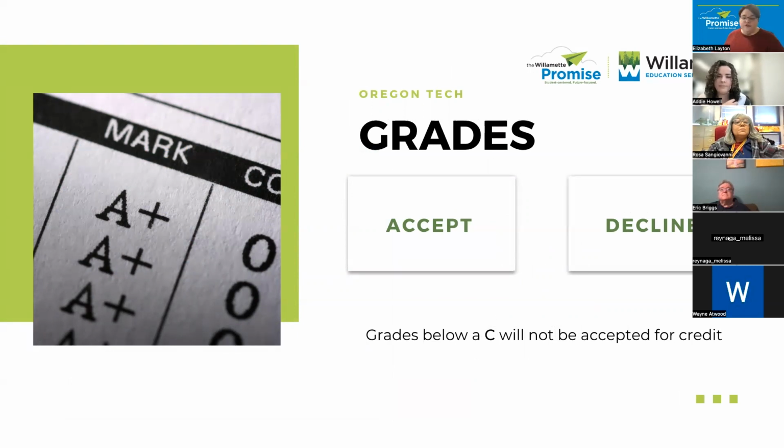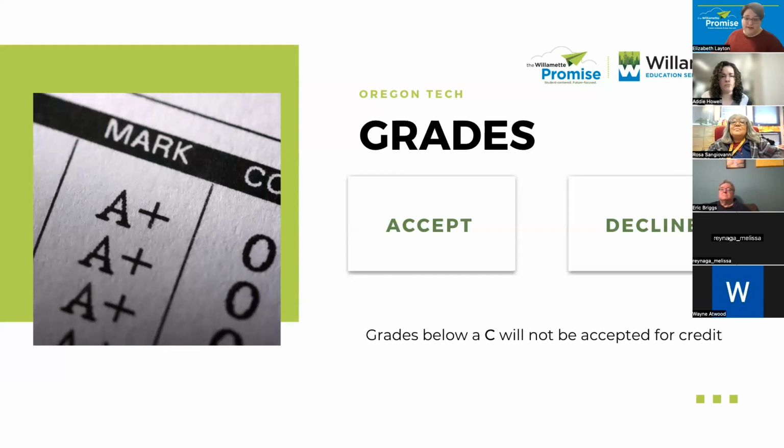So at the end of the course, students will have the option to either accept or decline the grade they've earned in the class. Some students only want an A on their transcript, while other students are fine with a lower grade. So it's up to really the student to choose what they feel comfortable with.